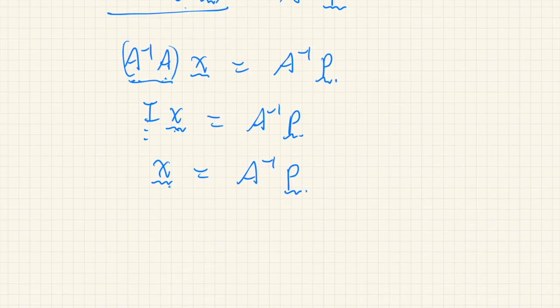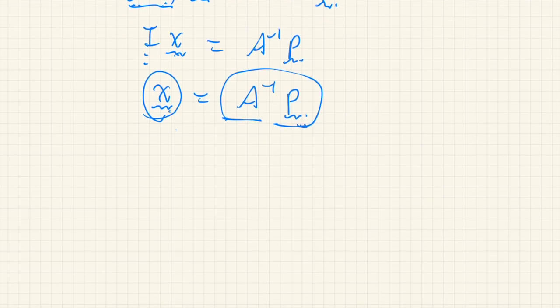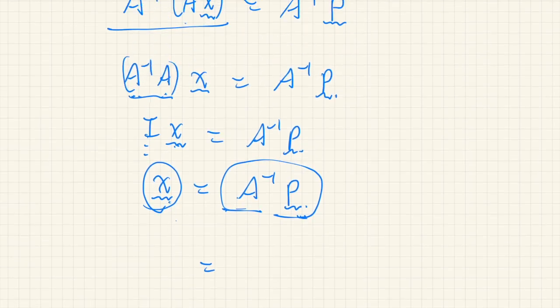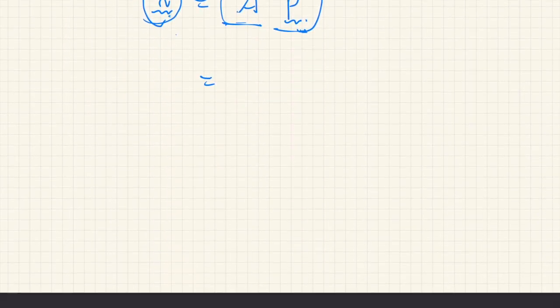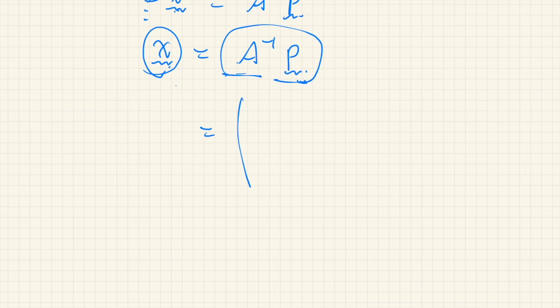So if we can calculate the inverse matrix, then inverse matrix times this vector is another vector. In this way, we can find the values of x and y. Previously, we have shown that this A inverse, when A is [a b; c d], is given by, what was it?